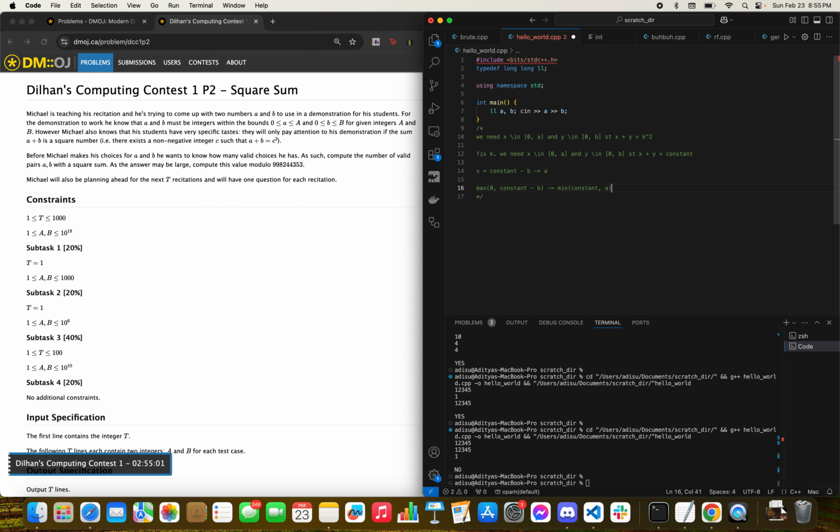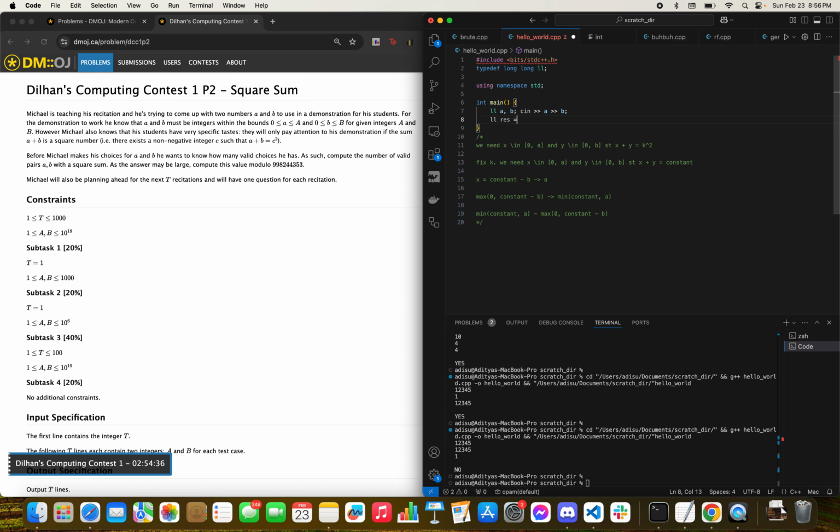So it's just a subtraction of two things, which is fine. And then you just use the sum of squares formula. So it's min constant a minus max 0 constant minus b. For the small cases, we can just case on this thing.